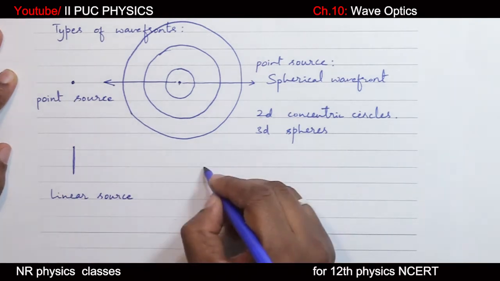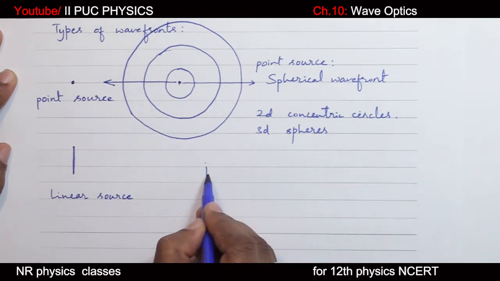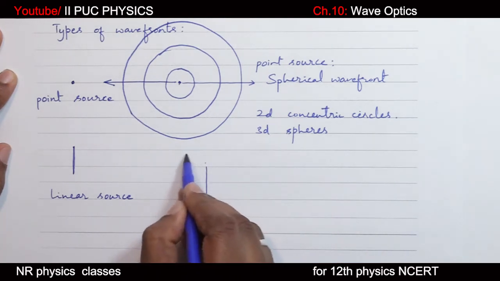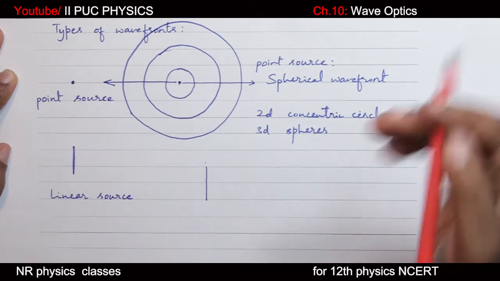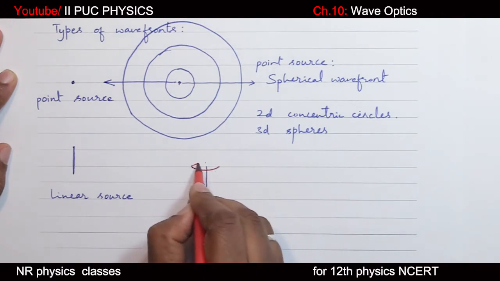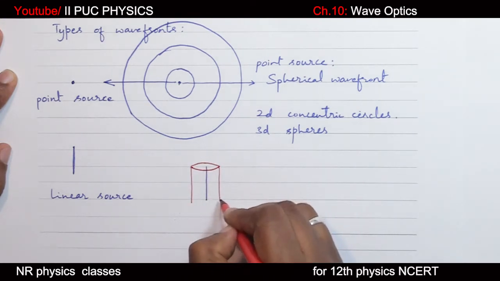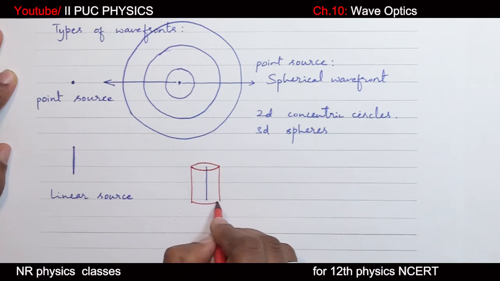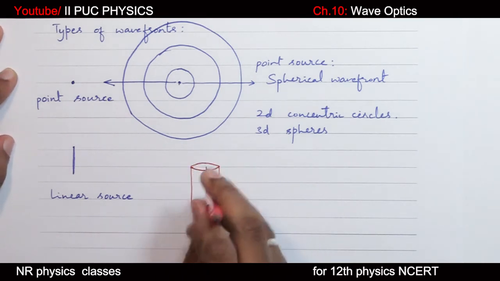If the disturbance spreads in all directions, then after some time the disturbance looks like this. The disturbance covers 2 centimeter in this direction, which means 2 centimeter in all directions, so it forms a cylinder.